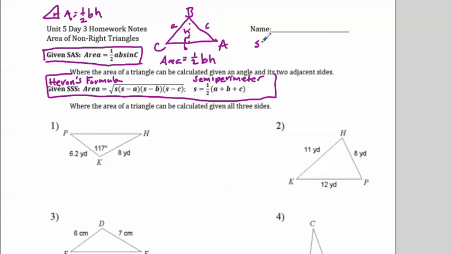So the sine of C is h over a, and if I want to solve that for h, I have h equals a sine C. So using the formula area equals 1/2 base times height, my base is b, and my height is this, so I'm going to substitute this for the height, and I get that the area is 1/2 b, which is my base, times a sine C, which is equivalent to 1/2 ab sine C. So that one's pretty easy to prove.